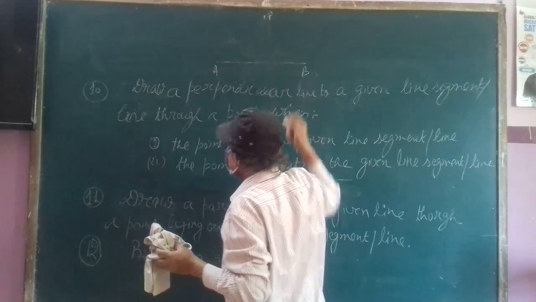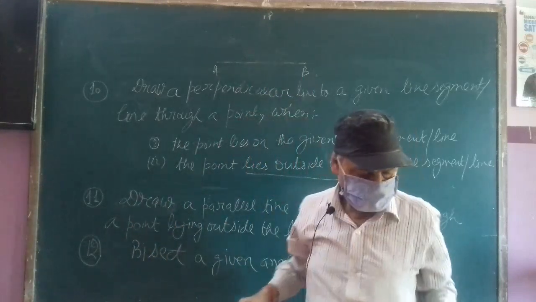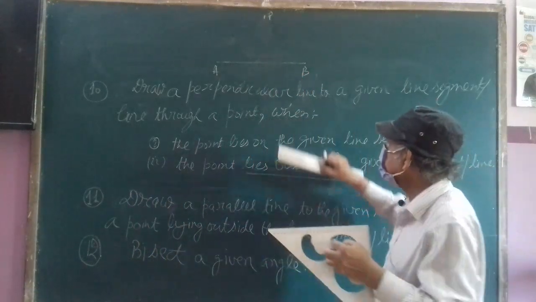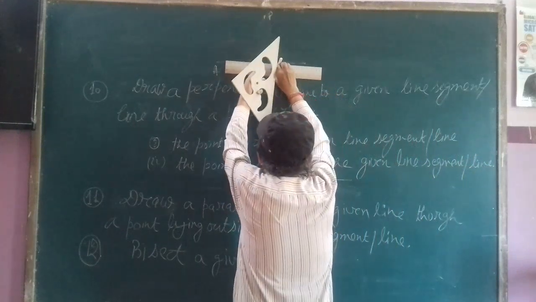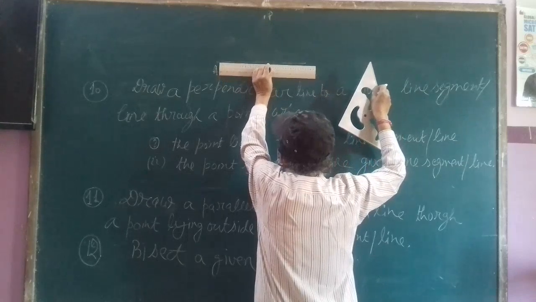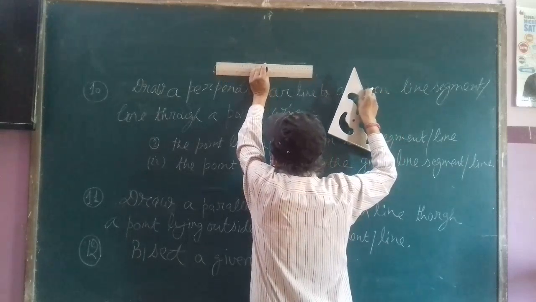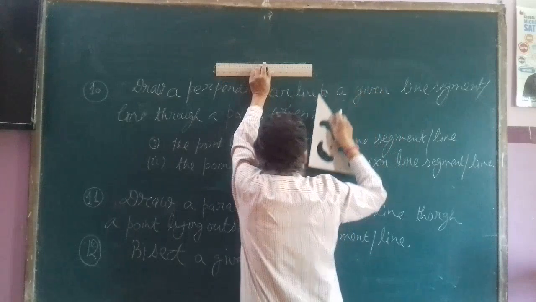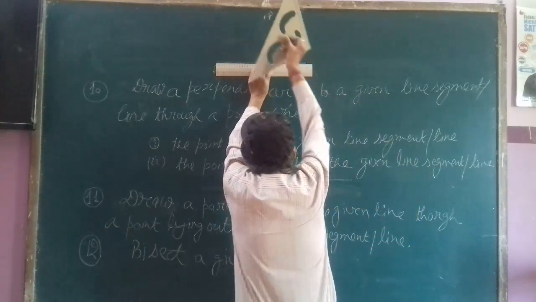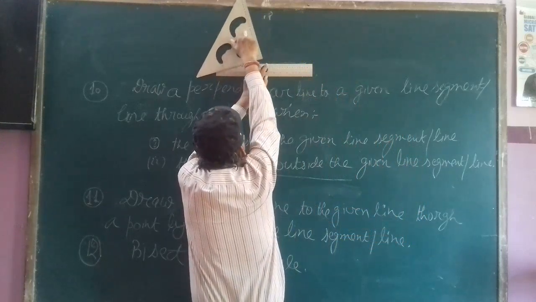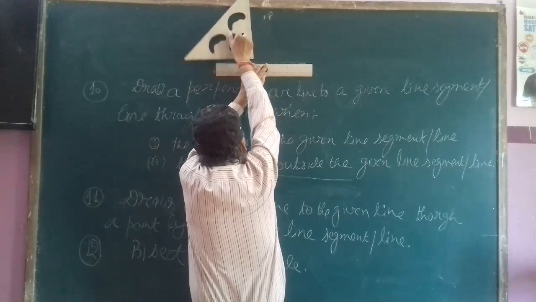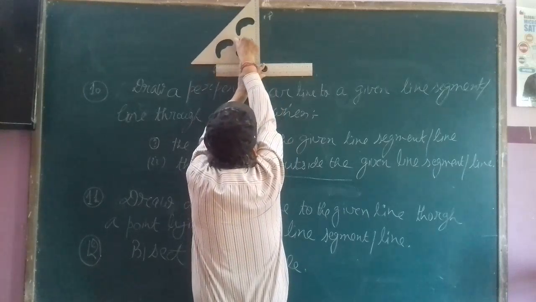Again take your scale, arrange it along AB, and hold it firmly with the left hand. Take your set square again, slide it and reach up to point P, and draw the line.